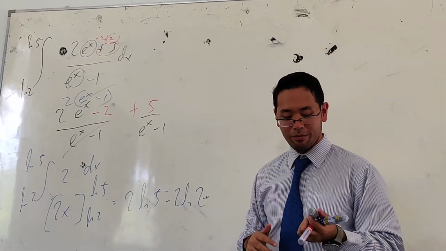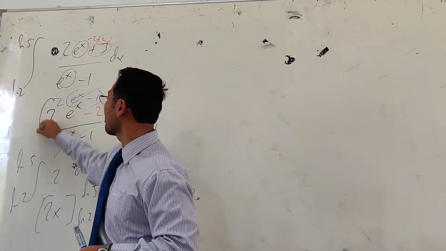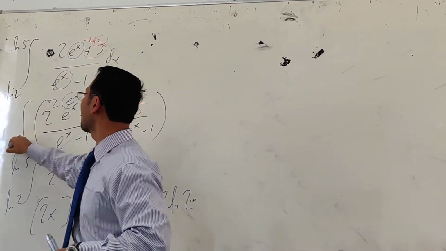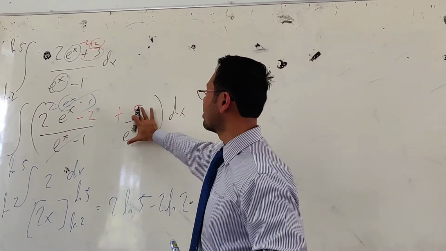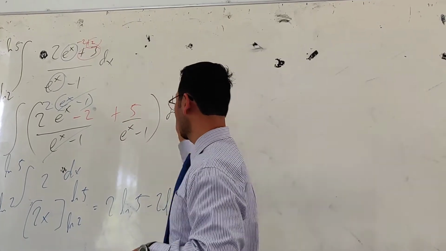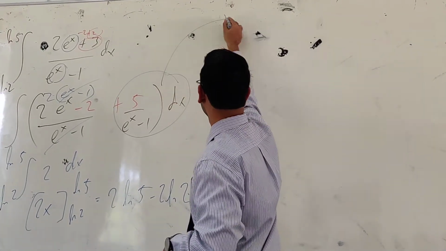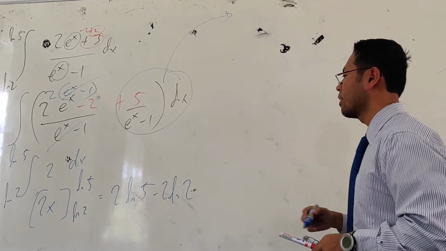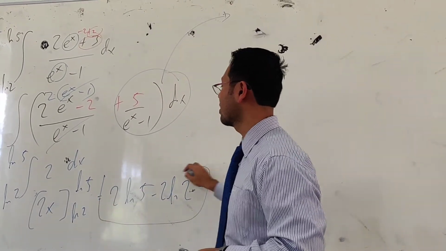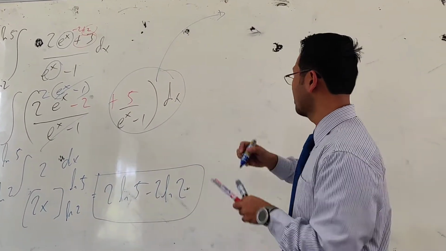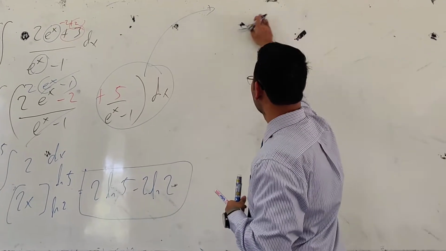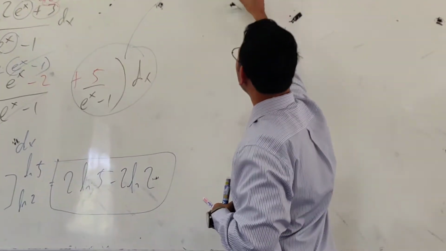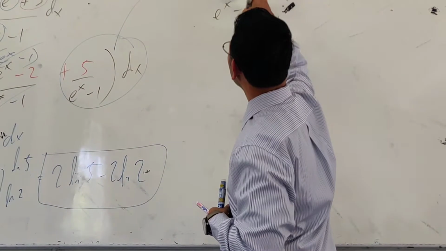Okay, now let's do the very tough one. Let's do this part here. Let's leave our answer. Let's leave it there. 5 over e^x -1 dx.